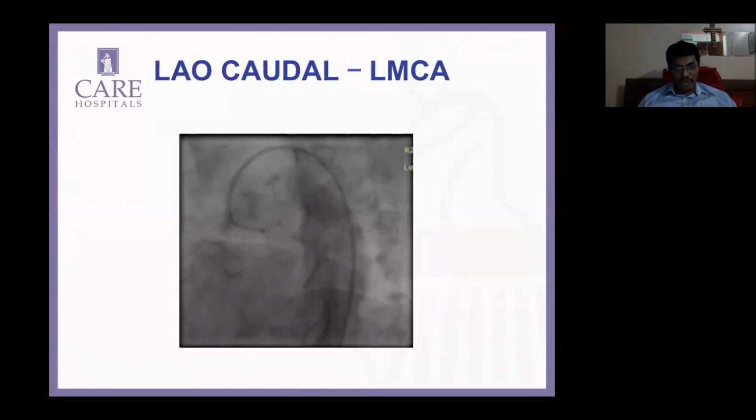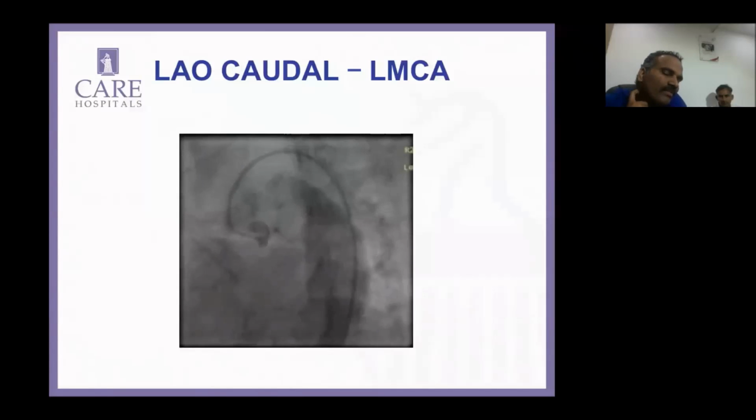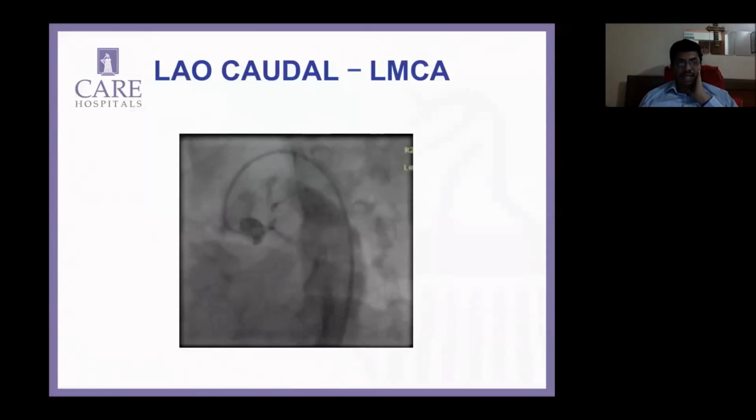But based on these pictures, we were not very comfortable. In terms of revascularization, it is very difficult. The pictures are not great. There's something happening in the LM, LAD, LCX bifurcation, not very sure. We had some issues with the catheter going into the left main, damping both in the right and left, and that's the reason. And with the high heart rates, the patient had a little bit of uneasiness, so we tried to just get out.